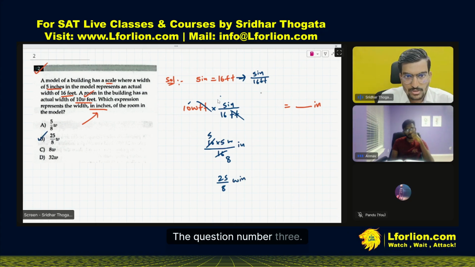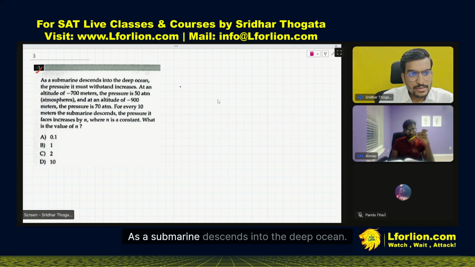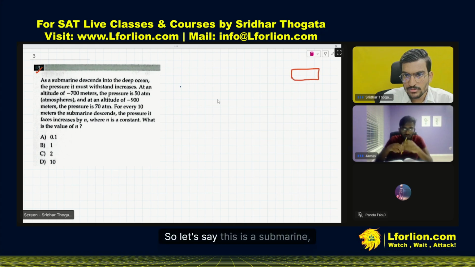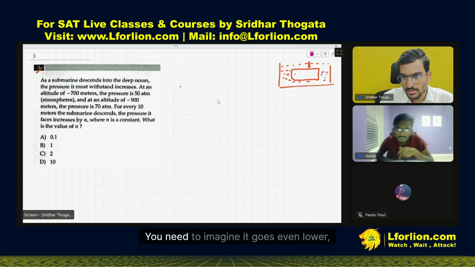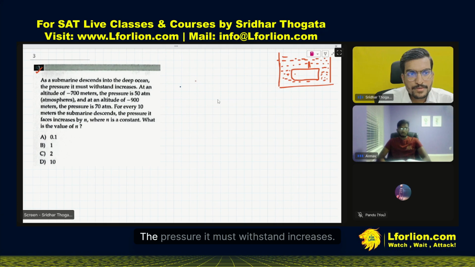The question number 3. As a submarine descends into the deep ocean, descends means goes down. So let's say this is a submarine. It goes inside the ocean. It descends, something like this. You need to imagine it goes even lower. The pressure it must withstand increases.